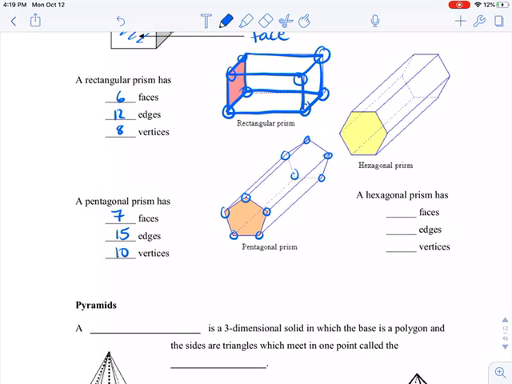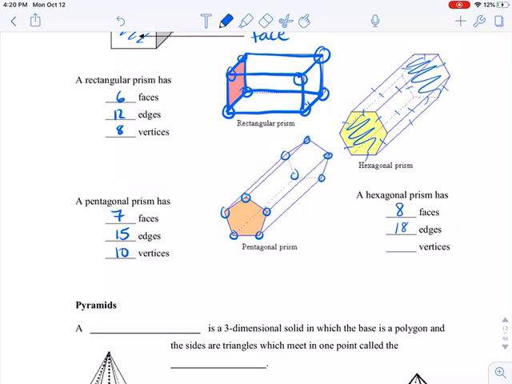Hexagonal prism, so 6 sides around. Let's count the faces. The front face is 1, 2, and then we know there are 6 around the side, so there are going to be 8 faces. Edges: there's 1, 2, 3, 4, 5, 6. There are 6 on the other side, so 7 through 12, and then 6 around the middle, so 13 through 18.